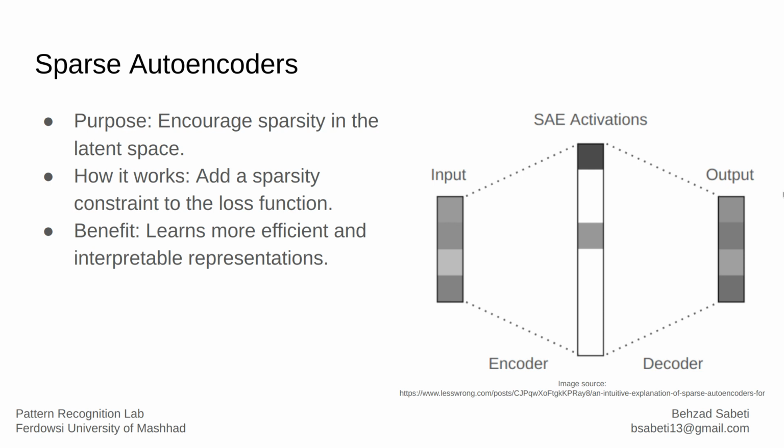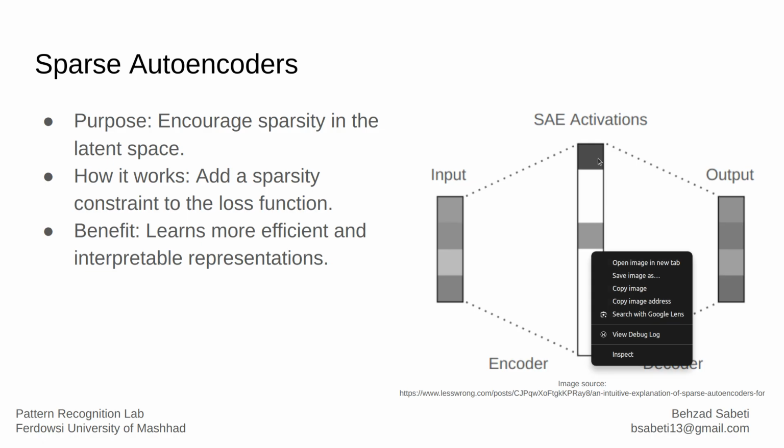The second one, sparse autoencoders. These encourage the latent space to be sparse, meaning most of the values are zero. This helps the autoencoder learn more efficient and interpretable representations of the data.